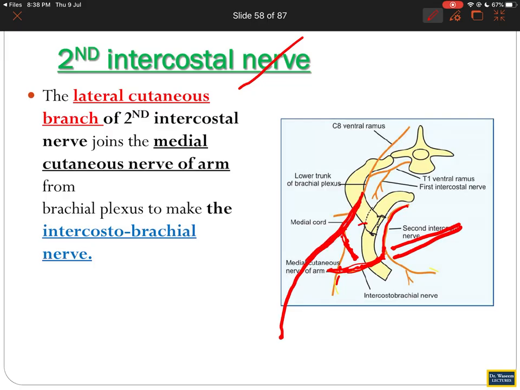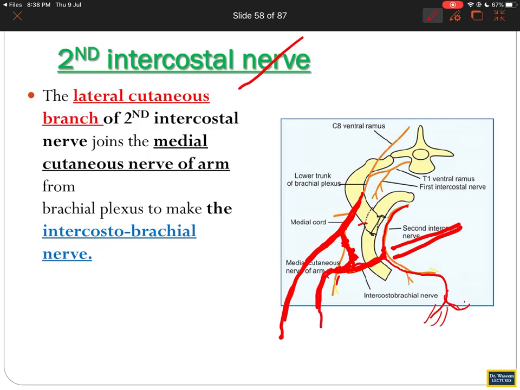The medial cutaneous nerve of arm will give a few twigs which will catch hold and fuse with the lateral cutaneous branch of your second intercostal nerve. Otherwise, the second intercostal nerve will continue as the anterior cutaneous branch. This is another thing, but the lateral cutaneous branch will now join with the fibers from the medial cutaneous nerve of arm of the brachial plexus to form a very, very important nerve.